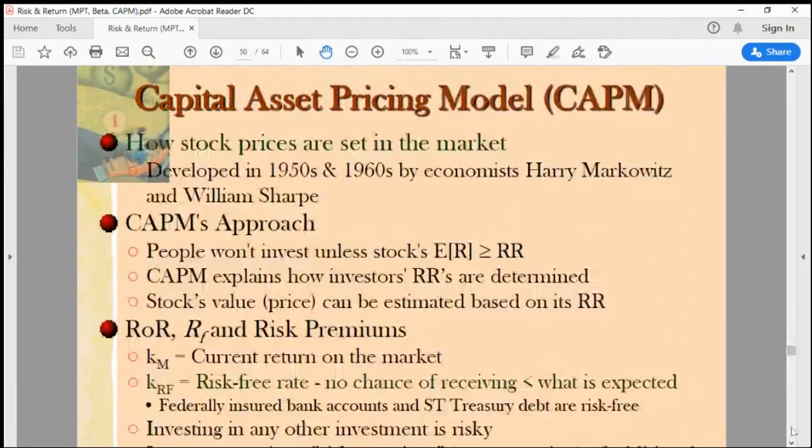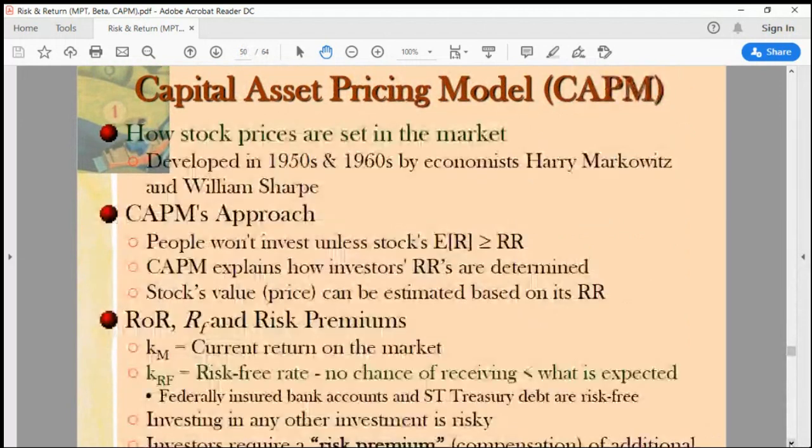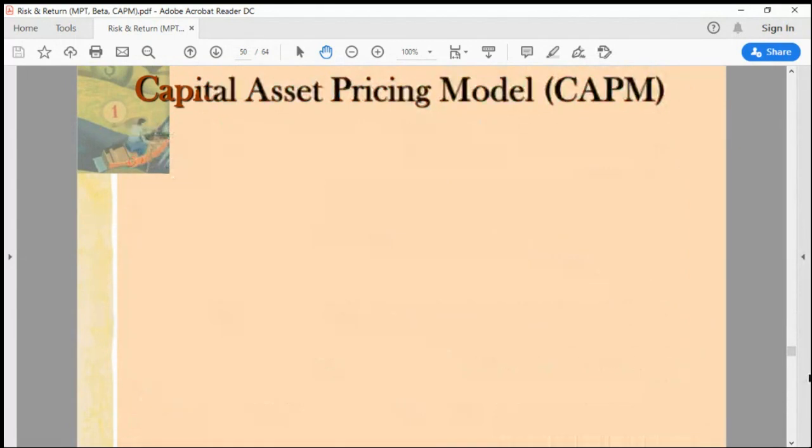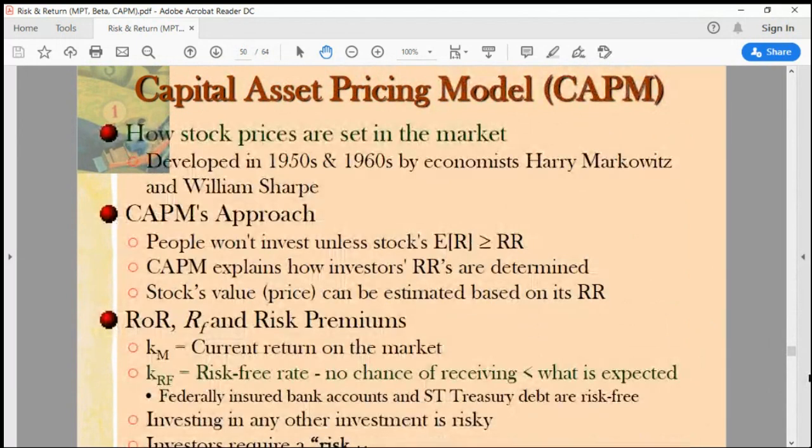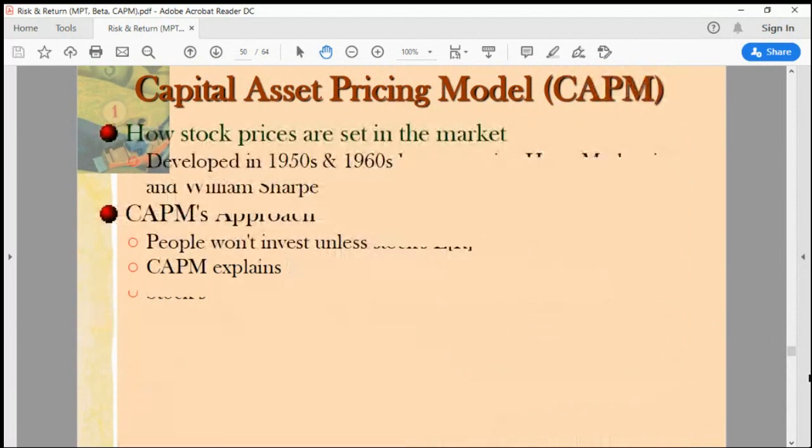The second use of beta is the use of beta in the capital asset pricing model, or CAPM. CAPM is a little misnomer. Why? Actually, the capital asset pricing model doesn't directly price any asset.